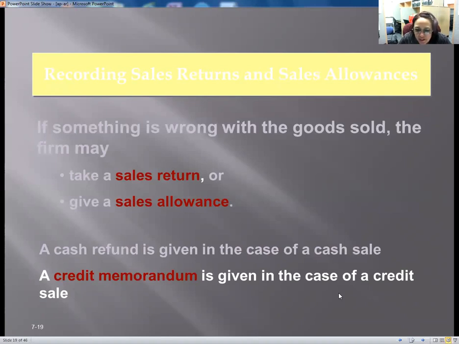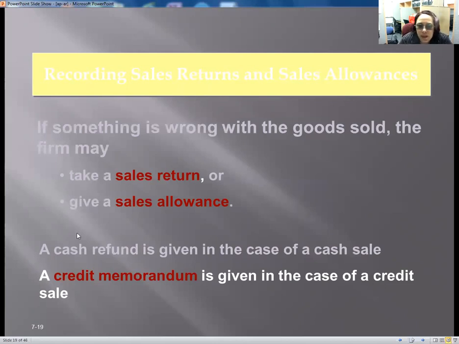When you have a balance on an account, you don't give them cash. You want to do a credit memo, or what they call a memorandum, and that will offset and lower your receivable as well as lower your sales. So when you do the credit, it'll automatically credit your sales for you.